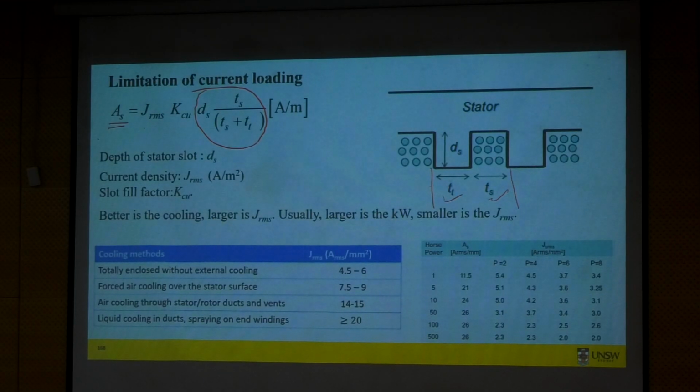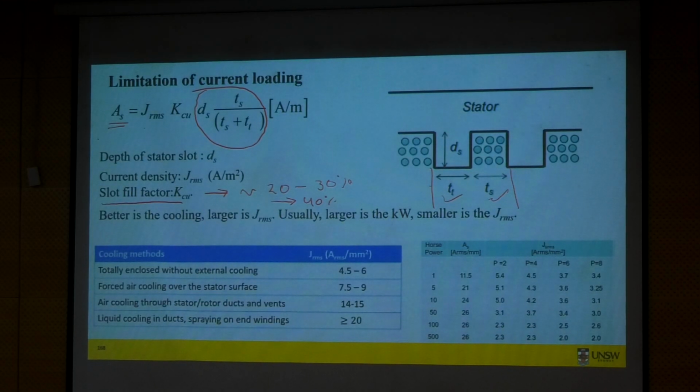Slot fill factor for the conventional distributed winding is typically about 20 to 30%, so only 20 to 30% of the slot area is covered. Concentrated winding can push this up to 40%. If you push your winder very hard, you may fill it up to 40% maximum.